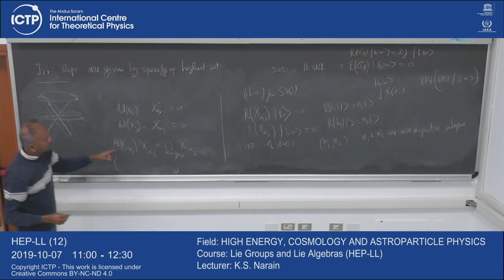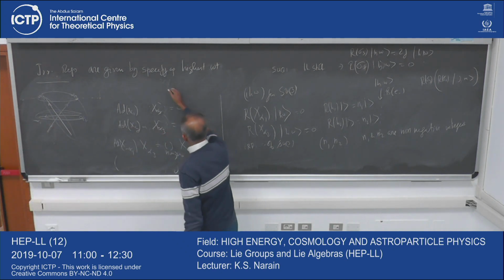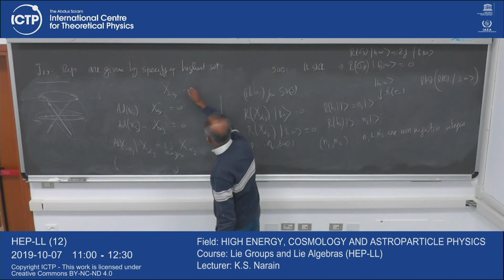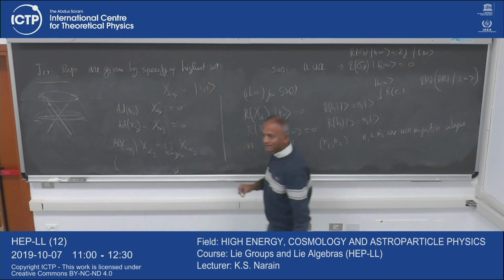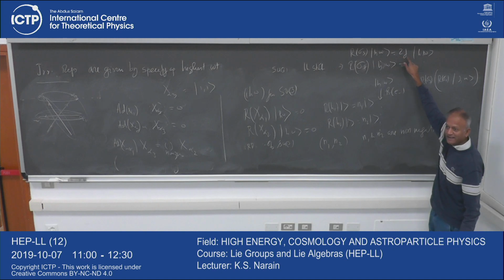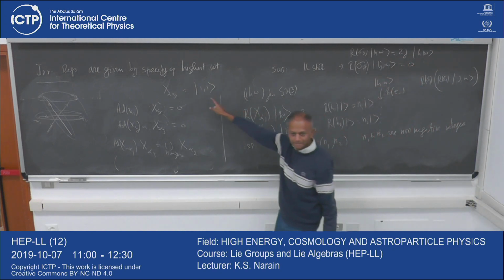So the n1, n2 for x alpha 3 in this notation will be both 1, 1, because this quantum number is 2j, and j is half, spin half.